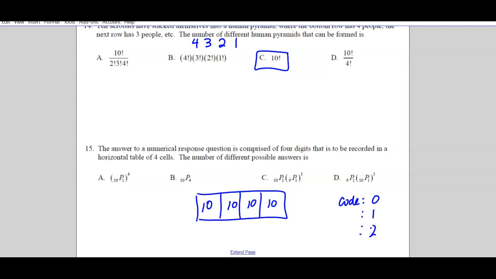Now, I don't see 10,000 there as an answer. I don't see 10 to the 4th. But first of all, you can enter these all in your calculator and find which one matches. Or remember, 10P1 is going to be 10 when you evaluate that.